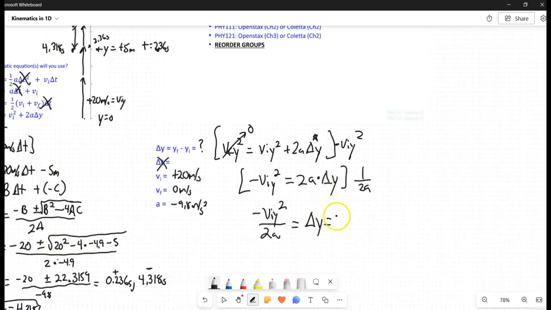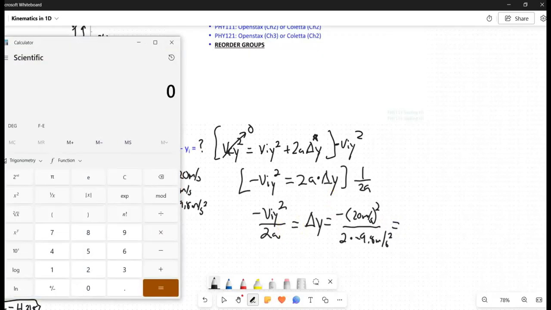So plugging in some numbers, we got negative 20. So the negative lies outside, and we're going to square this 20 meters per second on the top. We're going to multiply this by 2 times a negative 9.8 meters per second squared. And let's see what that is.